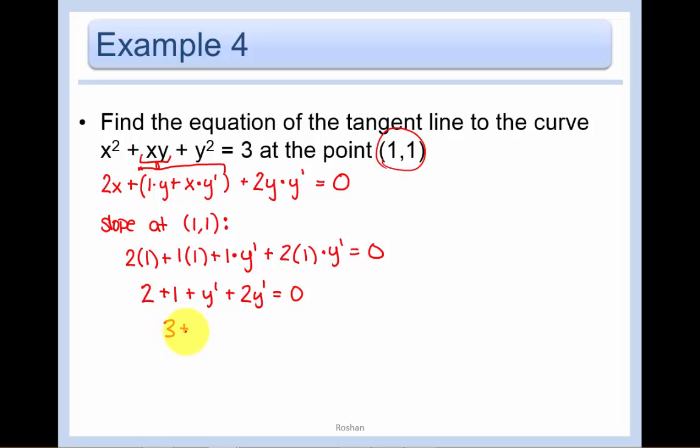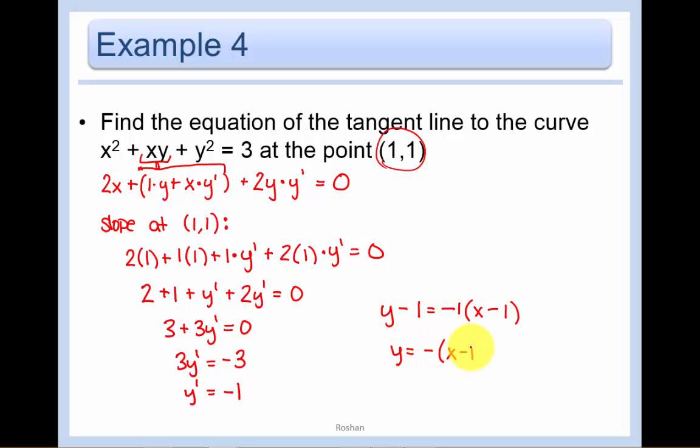So 3 plus 3y prime equals 0. 3y prime equals negative 3. y prime equals negative 1. So our slope at the point (1, 1) is just negative 1. So now it's pretty easy. y minus y1 equals slope times x minus x1. In other words, y equals negative x minus 1 plus 1 will be the equation of our tangent line.